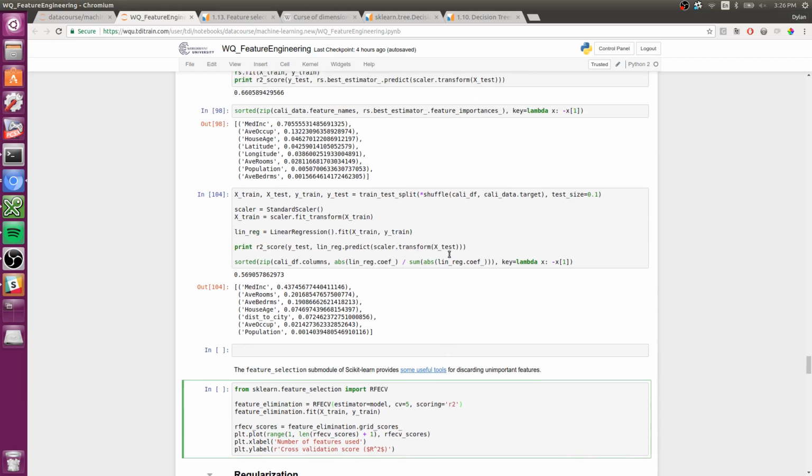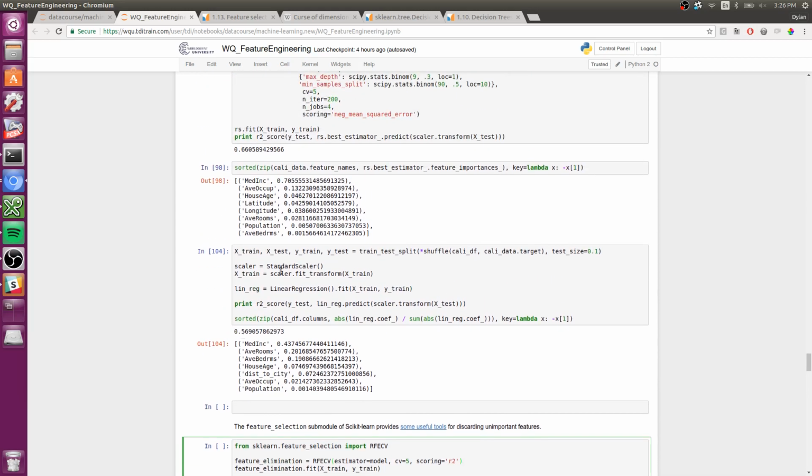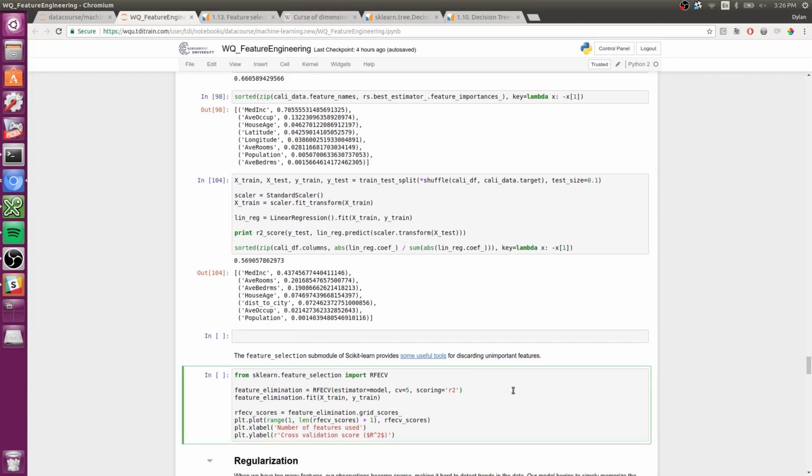Because not all models are so easily interpretable that we can just print out the feature importances or the coefficients and know which features are most important. In some cases, we need to actually train with or without various features and look at their impact on our evaluation metric for our model.